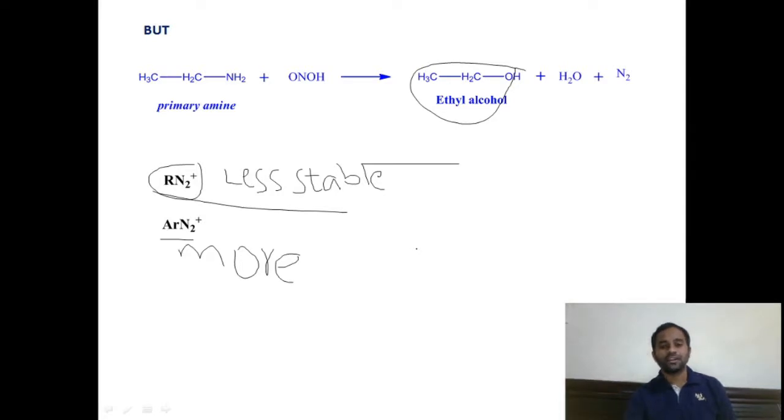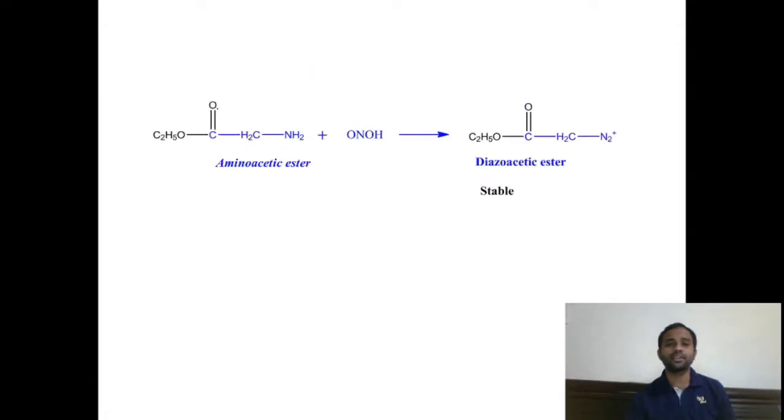And of course we can prepare aliphatic diazonium salts, but the condition is there must be an electron withdrawing group on the carbon atom to which the amine group is attached, right? You see here, this is an example of an aliphatic amine in which the carbon atom directly attached to the amino group is also attached to the acetyl group, which is an electron withdrawing group.